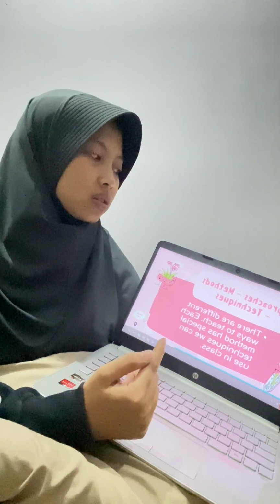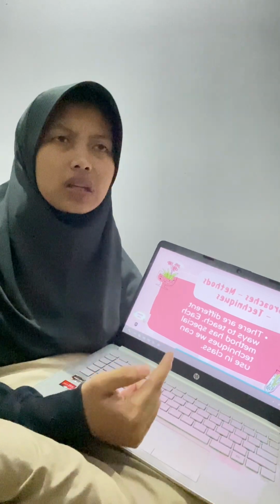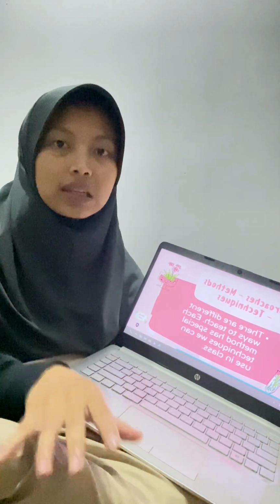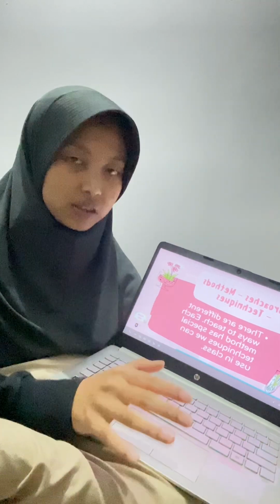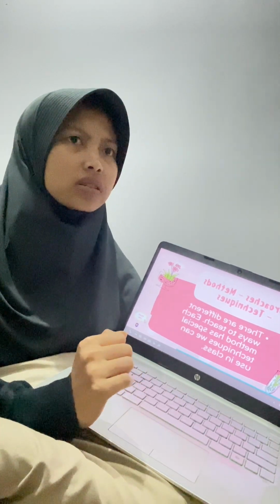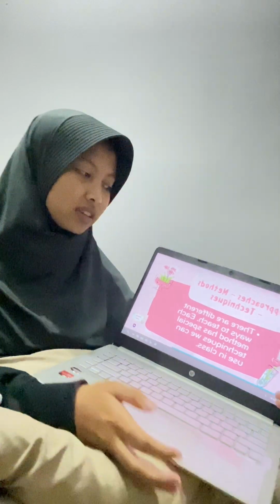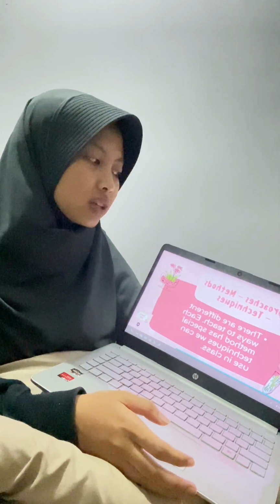And the next is about a method. A method is a general plan or way to apply an approach in the classroom, such as using games or TPR. And then the last is techniques.